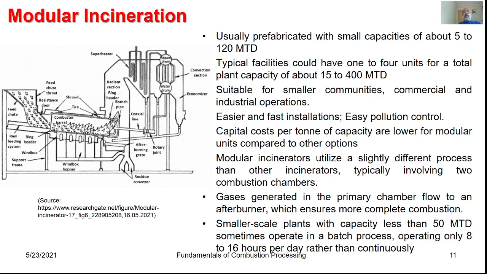As we consider the mass fire system or the RDF incinerators, those systems are very huge. Such kind of systems could be working for almost 11 months over the year.